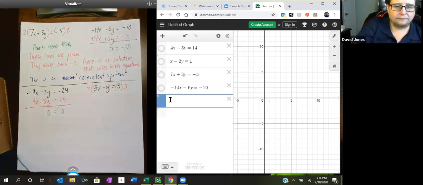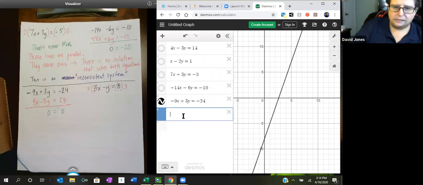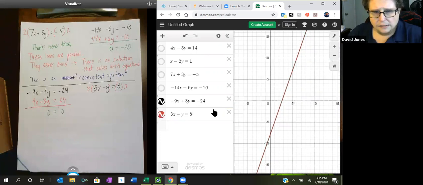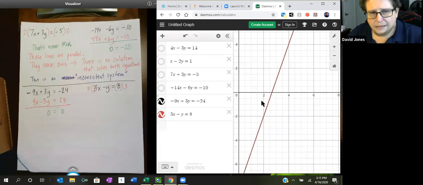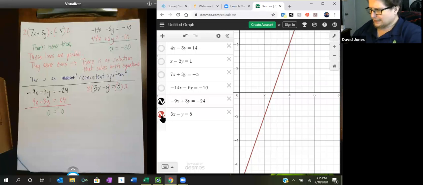What's going on here? Let's take a look. There's my first line. Wait a second, what happened? Can you guys see that? I turn on the red line and it completely covers up the black line. These are the exact same line.